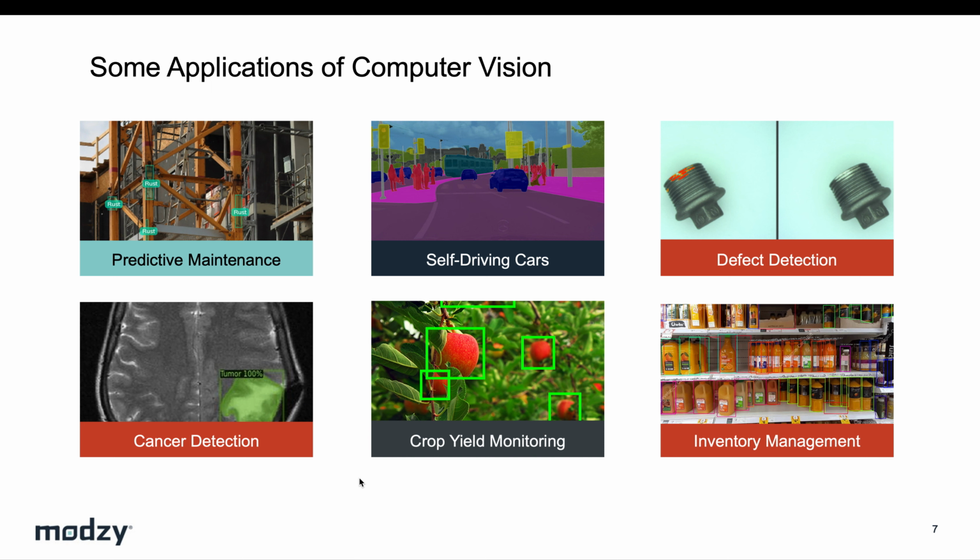Medical imagery at the bottom left. We can look at medical imagery, and this looks like a segmentation algorithm to detect things like tumors. So that can help doctors a lot. In the middle one on the bottom row, crop yield monitoring. So being able to monitor the crop yield by basically just running a camera feed through. And inventory management, looks like we've got a bunch of orange juice here.